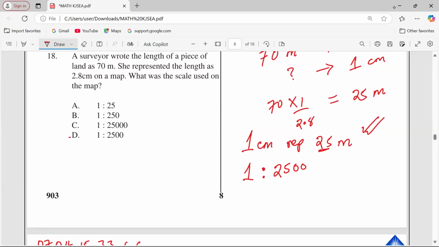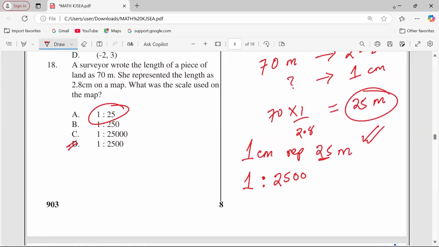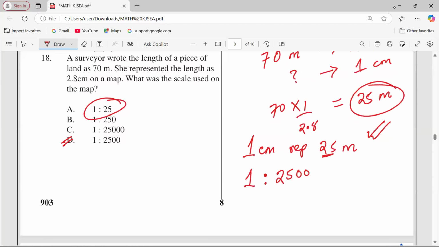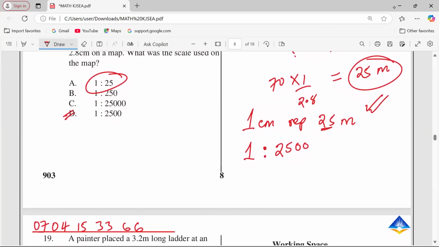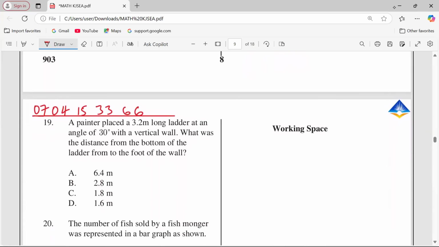And that makes D our right answer. So people might start thinking that A is the right answer. That's wrong. You have to convert a ratio to be in the same units. A ratio compares quantities in the same units.